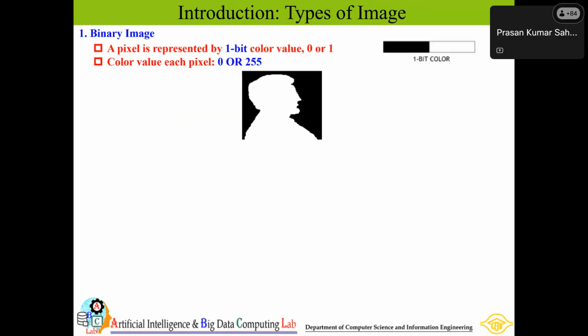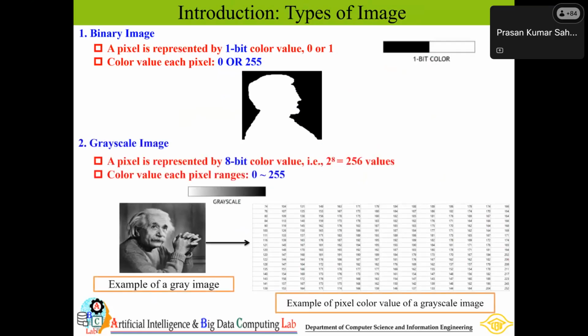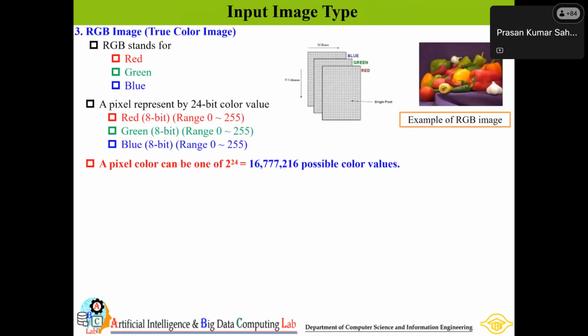If it is a binary image, a pixel represents only one bit, 0 or 1, so we can have color values of each pixel 0 or 255. If it is a grayscale image, that is 8 bit, 2 to the power 8, like 256 different values starting from 0 to 255. And if it is a colored image, we have three channels: red, green, and blue.